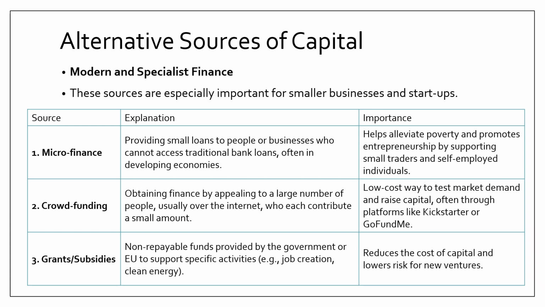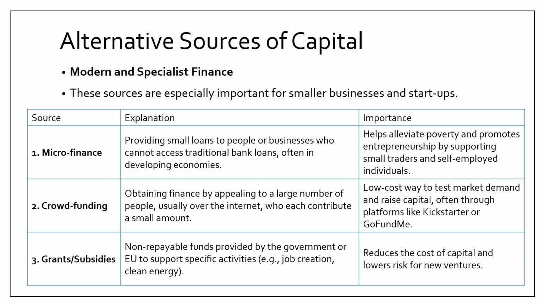Number two, crowdfunding. This is obtaining finance by appealing to a large number of people, usually over the internet, who each contribute a small amount. It is a low cost way to test market demand and raise capital, often through platforms like Kickstarter or GoFundMe.